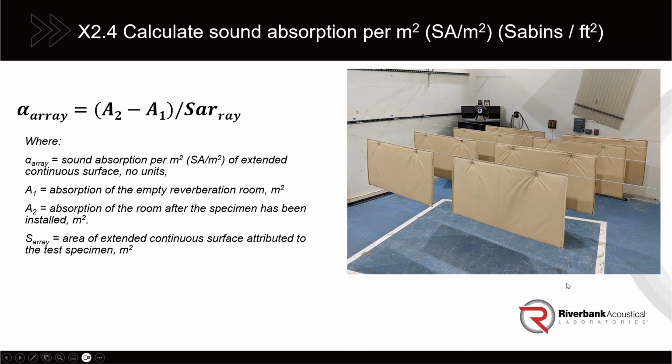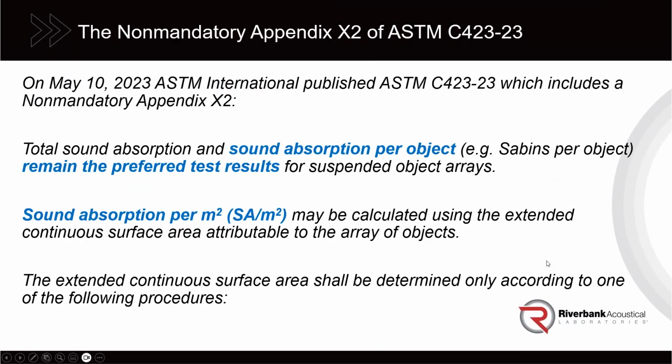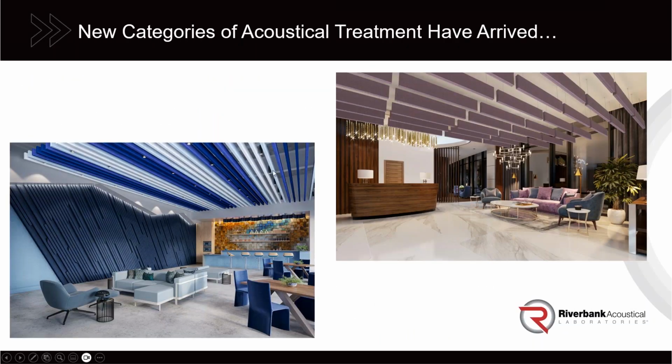And this will turn into one of the trade-offs for designers. Sometimes the designers want thin profile baffles because they don't want to lose their ceiling height, right? But you'll get a higher Array-NRC if you use a deeper baffle. So that'll be a trade-off and consideration for acoustical designers.